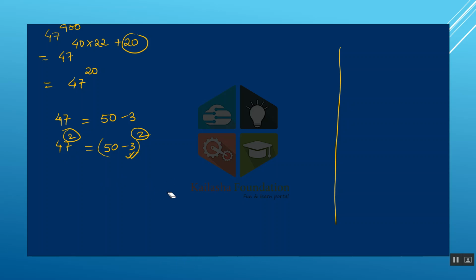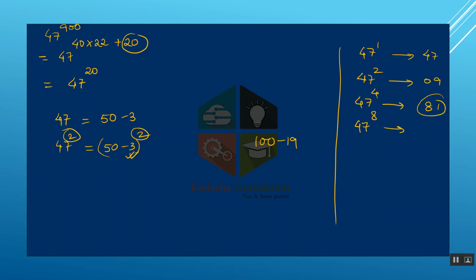We will prepare an even power table. At first, in case of 47 raised to the power 1, the last two digits are 47 itself. 47 raised to the power 2, the last two digits will be 09. 47 raised to the power 4, square of this, 9 square, that is 81. 81 is 100 minus 19, so 47 raised to the power 8 is basically square of 19, that is 361.